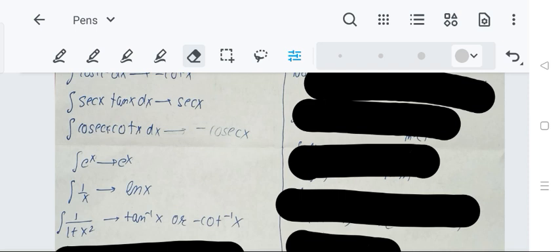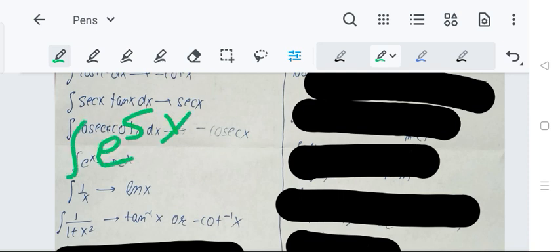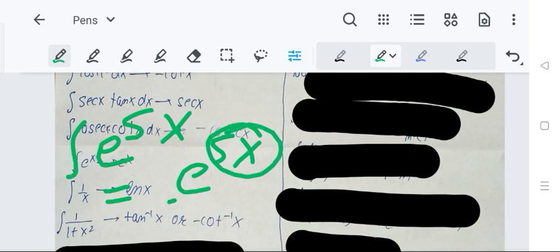Then the integration would be e raised to the power 5x as it is, but the differentiation of the power comes in the division, that is 5.